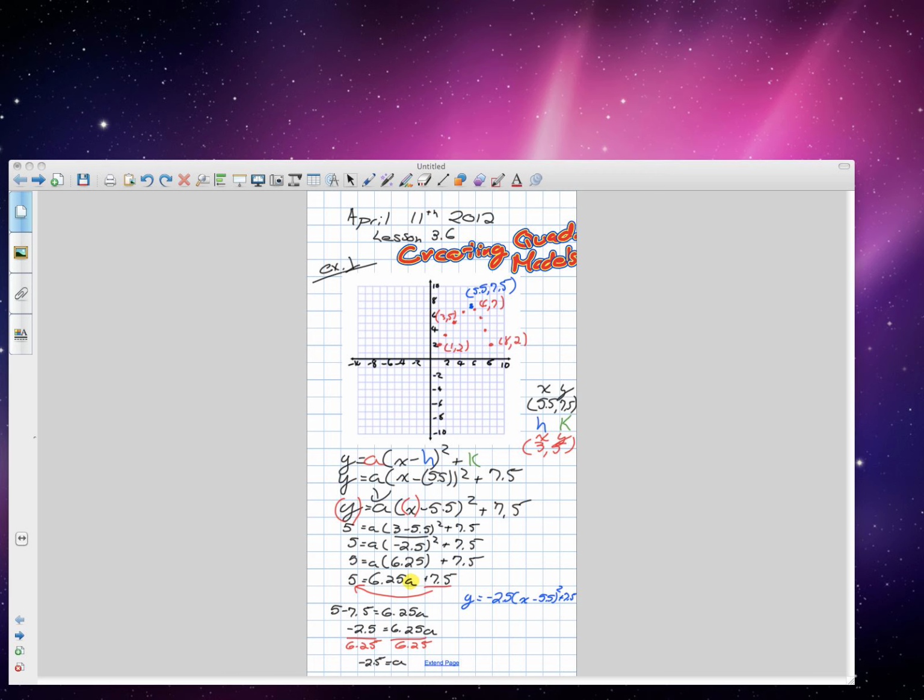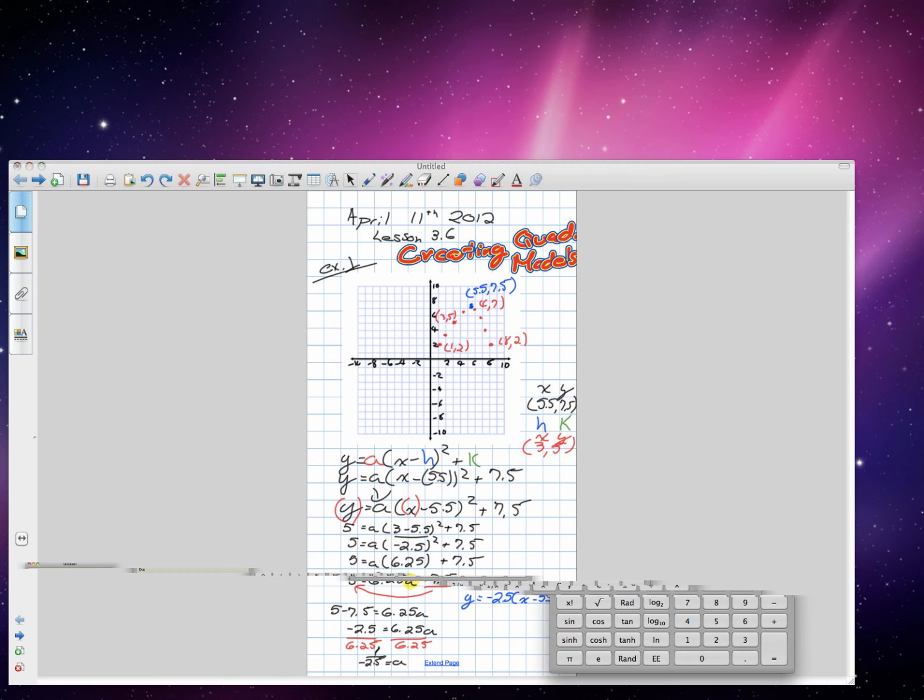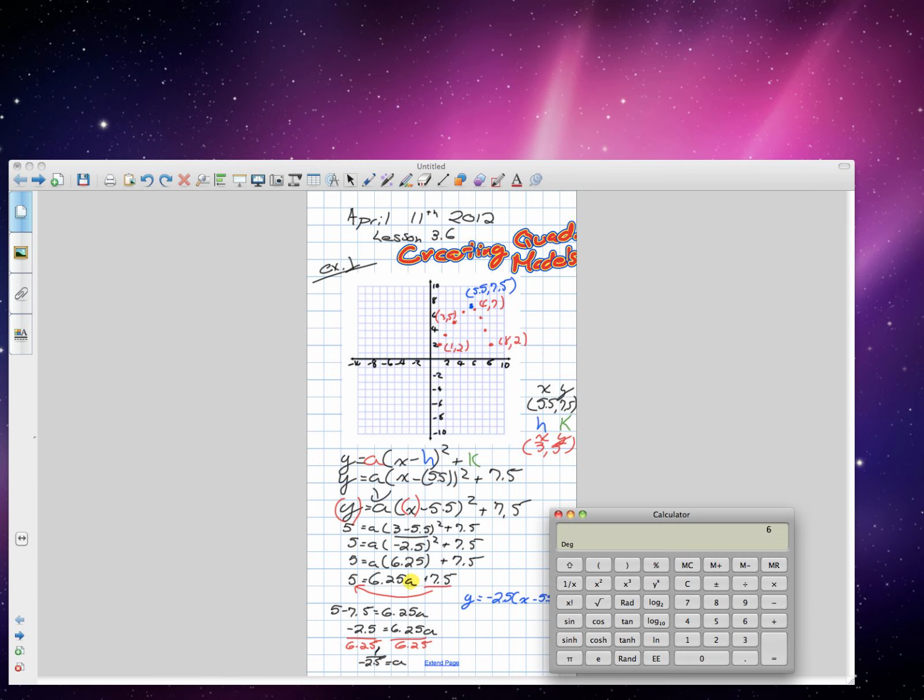Excellent. I did write this down wrong. Remember, this is a fraction where the lowest number is on top. When I put it into the calculator, I divided it in reverse. This is 2.5 divided by 6.25, so it's 1 over 2.5. Okay? Again, we'll put it in the calculator so you guys can see exactly what those numbers will be. 2.5 divided by 6.25.